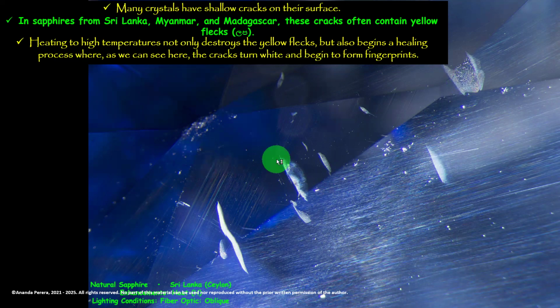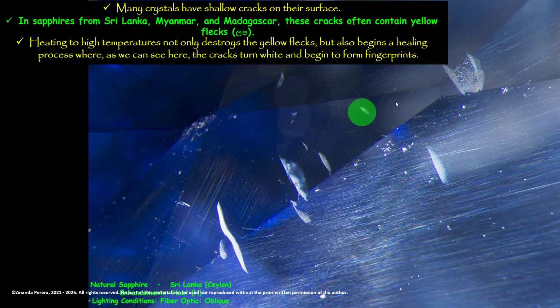Heating to high temperature not only destroys the yellow flecks, but also begins a healing process, where, as we can see here, the cracks turn white and begin to form fingerprints, damaged fingerprints.